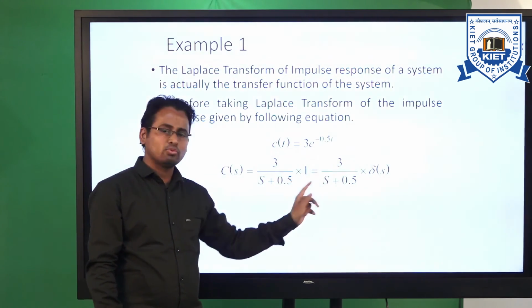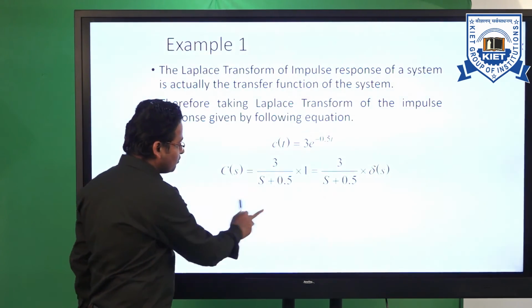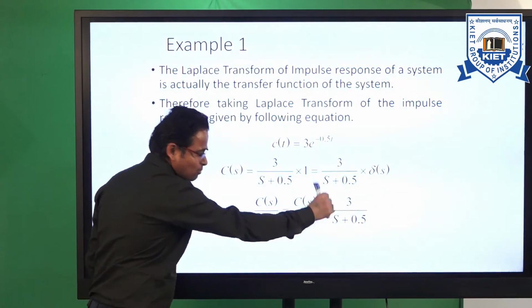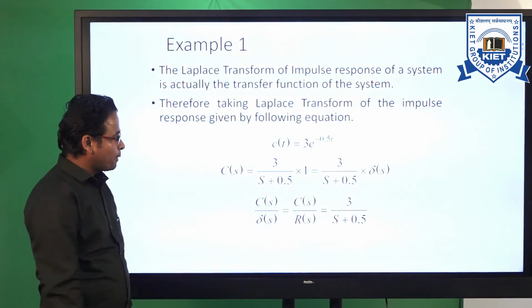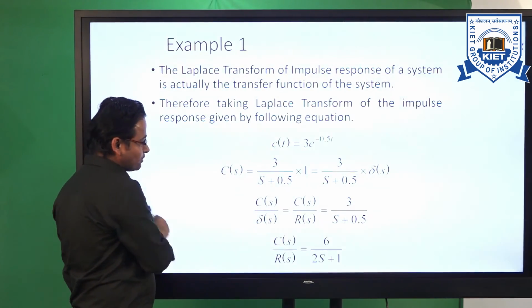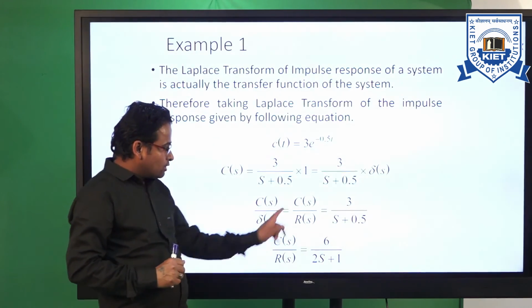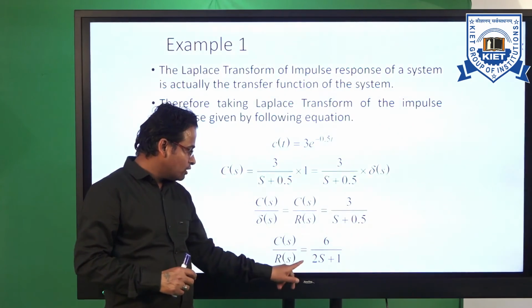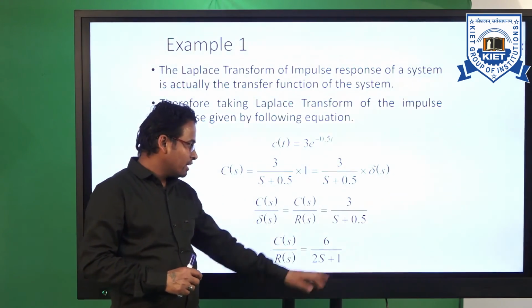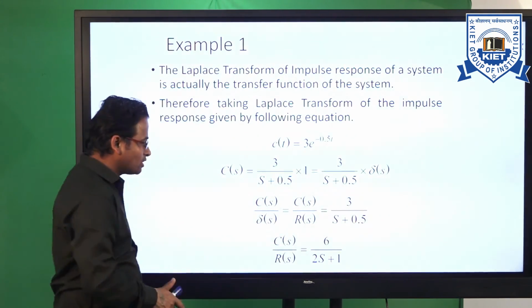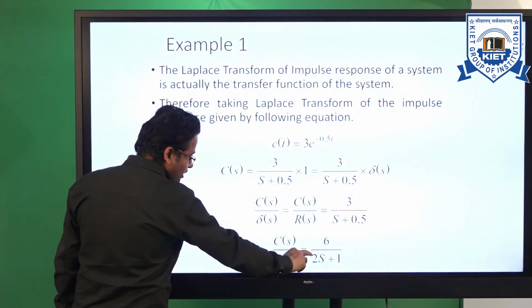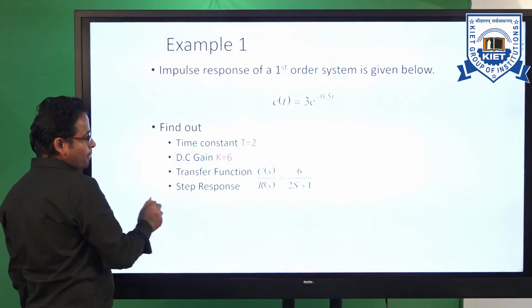So simplify this one. After simplification, we will get C(s) upon R(s) like this, 3 upon s plus 0.5. Now come to the next. Do the simplification and we will get 6 upon 2s plus 1. Here 0.5 is taken as a common value. So after simplification we get 6 divided by 2s plus 1.